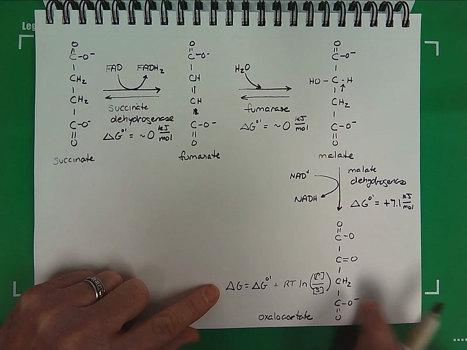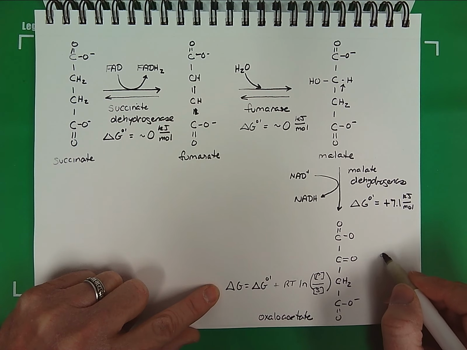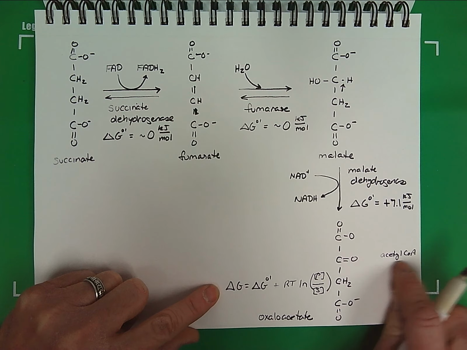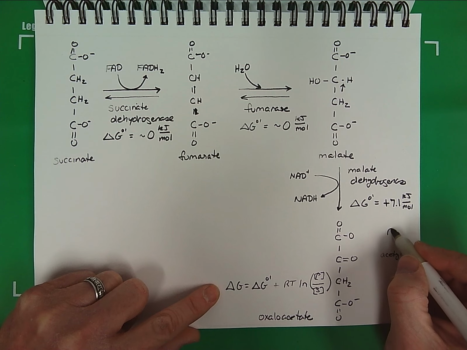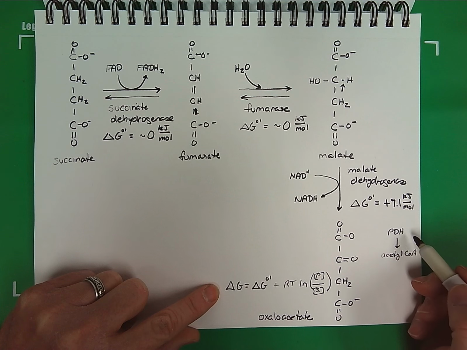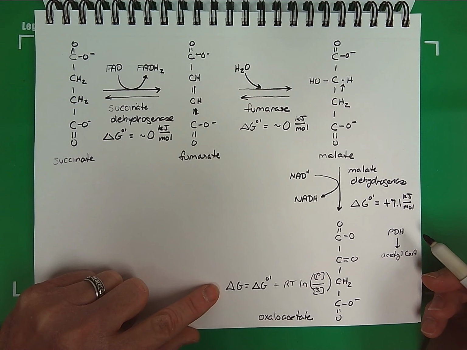The way we do that is we introduce acetyl-CoA. Now recall, acetyl-CoA is continuously being generated by pyruvate dehydrogenase from pyruvate. Pyruvate is coming from glycolysis.